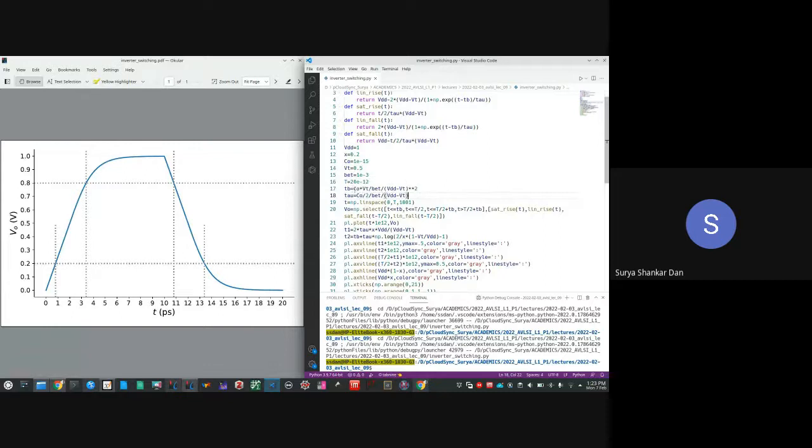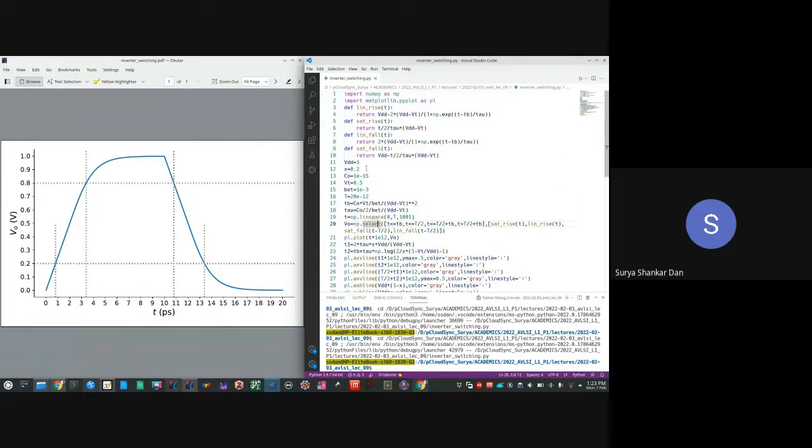And as you can see, I have simply used the equations which I have derived. All right, so first thing, I have shown 0.2 over here. So if you are looking for a 20% low and high values, by the way, I have chosen VDD equal to 1, which is the standard in the 45 nanometer technology node.